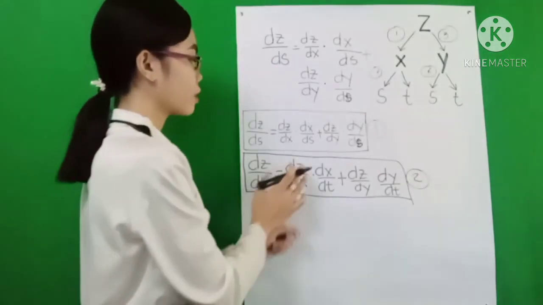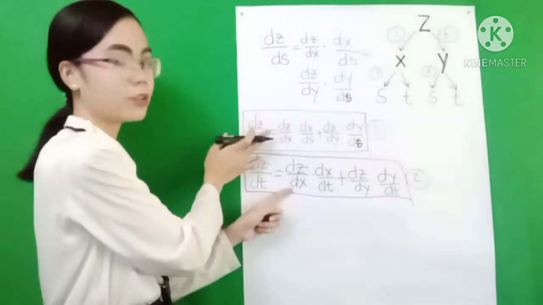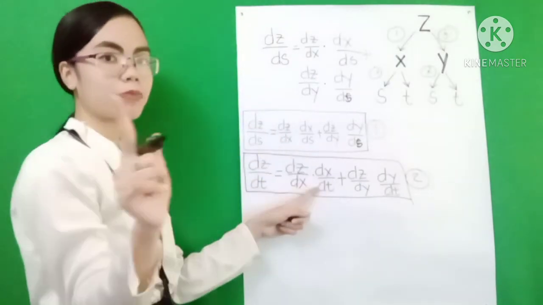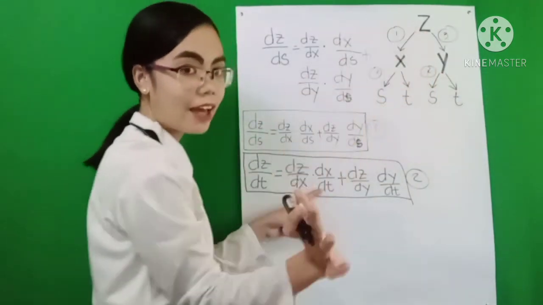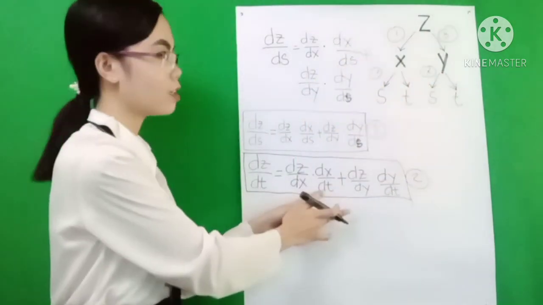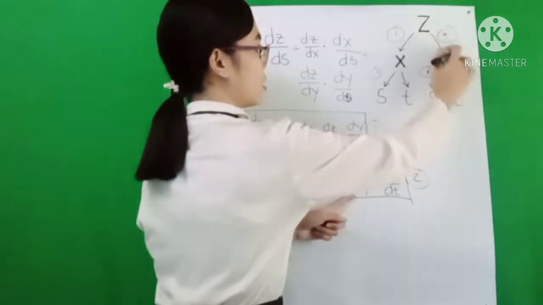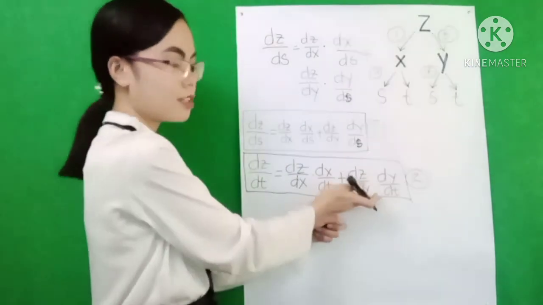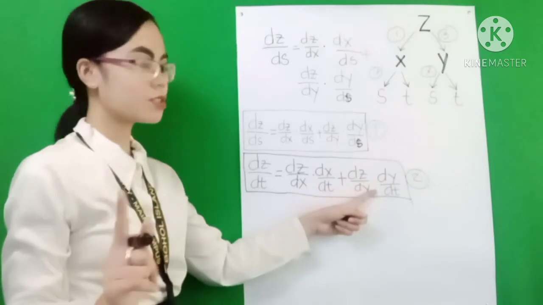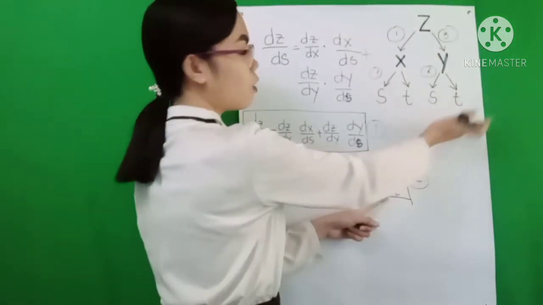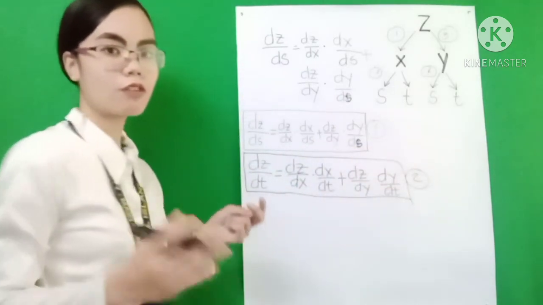So we have dz over dx, same as the first formula, times dx over dt, since we are already focusing on t, plus dz over dy, same as with dz over ds, times dy over dt. So this would be our second formula.